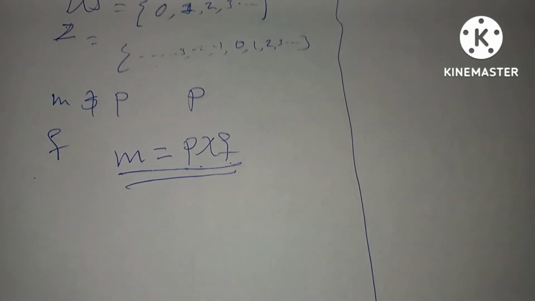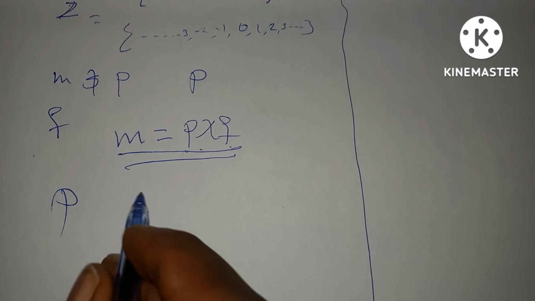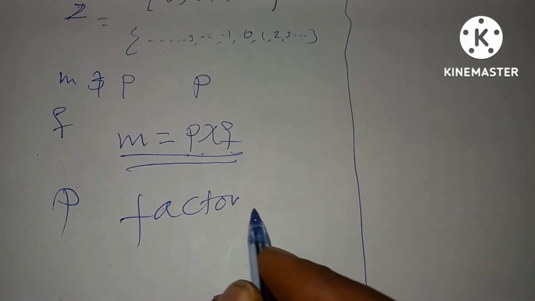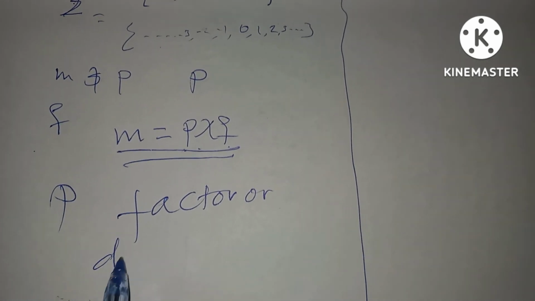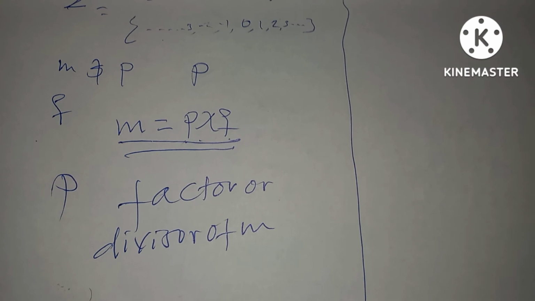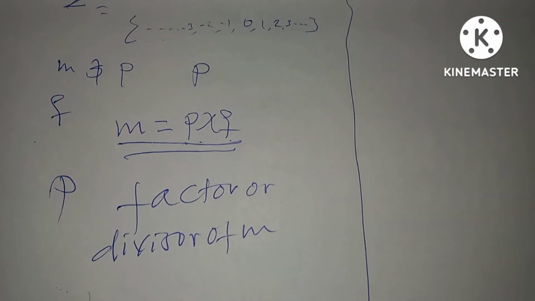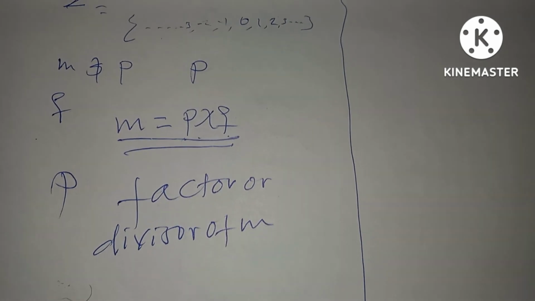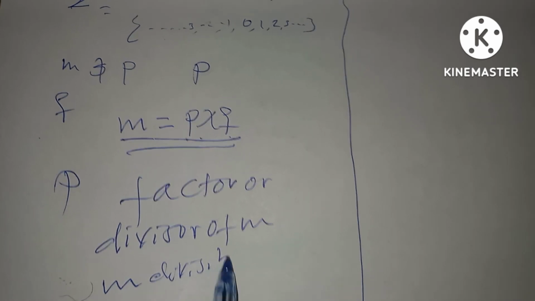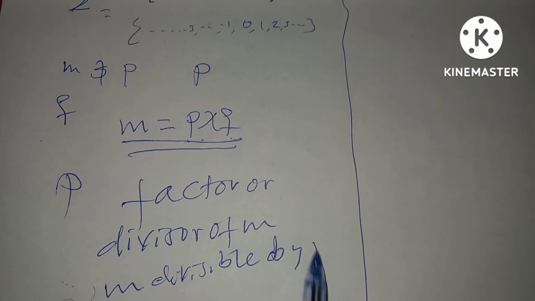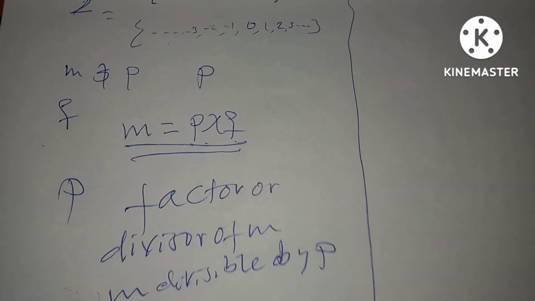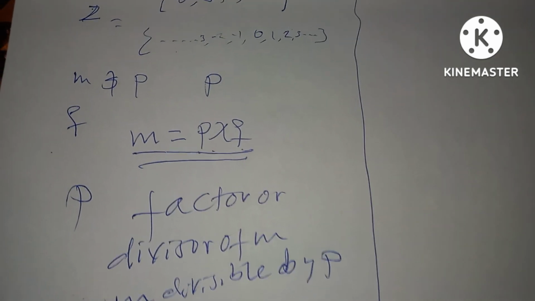In this case, p is called a factor or divisor of m. We also say m is divisible by p. Similarly, q is also a factor or divisor of m, and m is divisible by q.